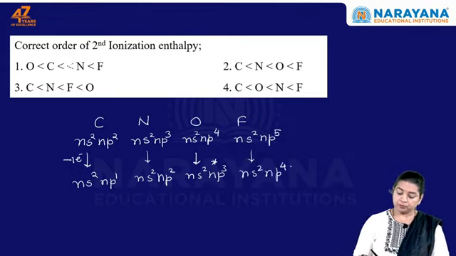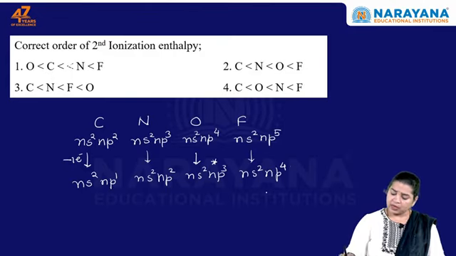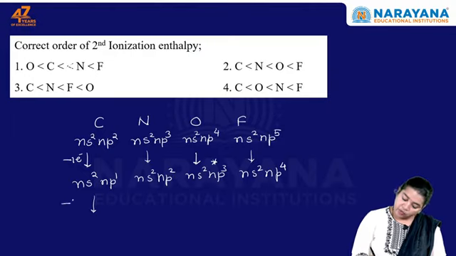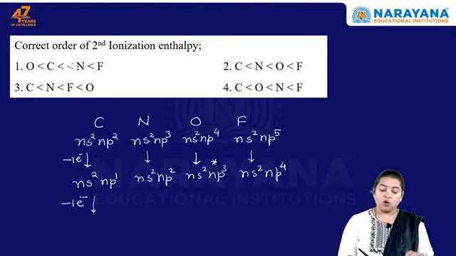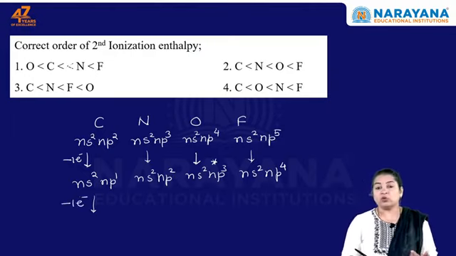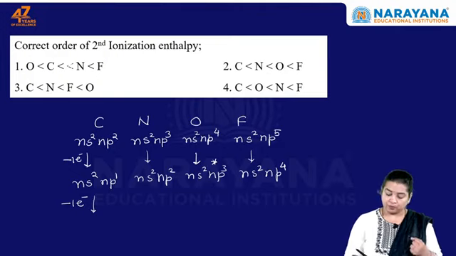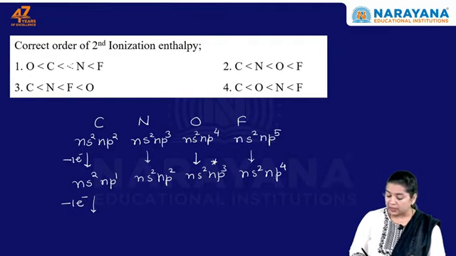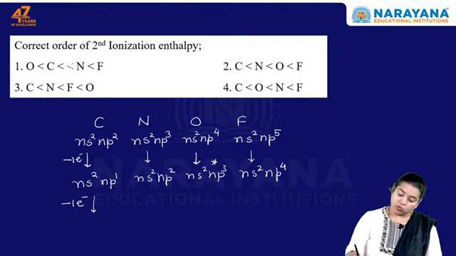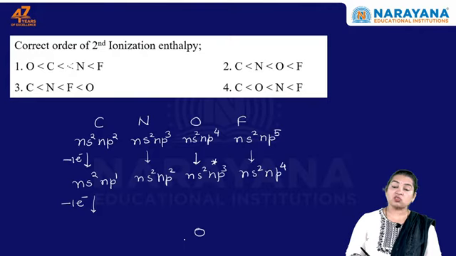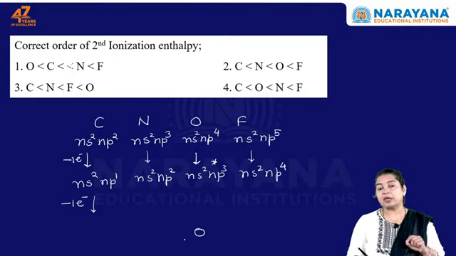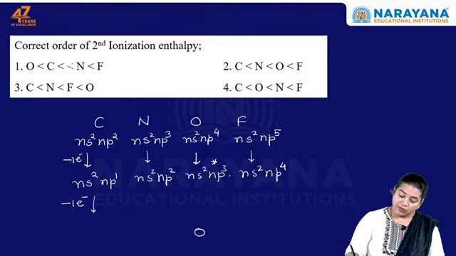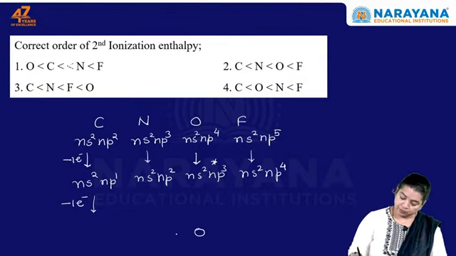Then ns2np4. So now if I remove one more electron, what will be the order of those energy values? From this, it is quite evident that oxygen is going to have the highest ionization enthalpy because of its half-filled configuration, right?